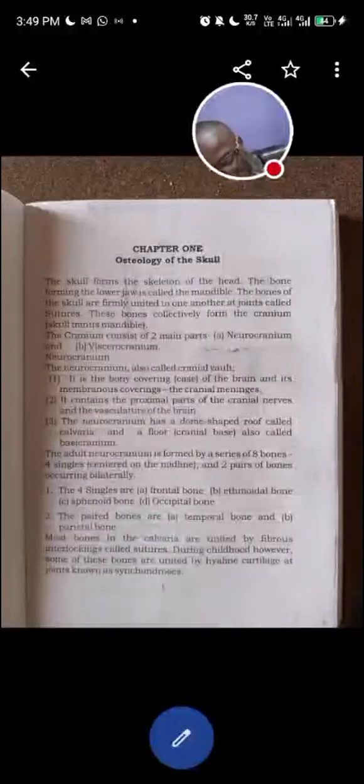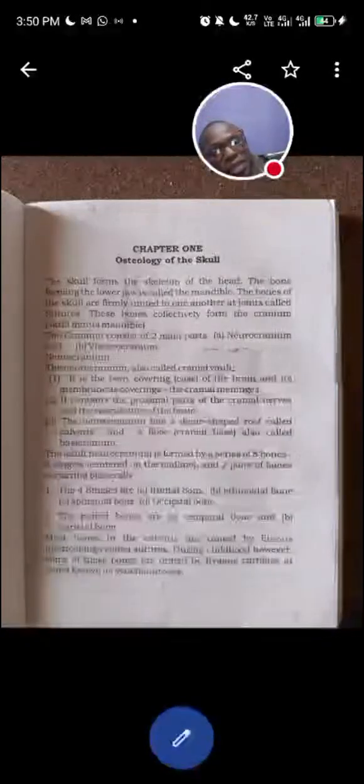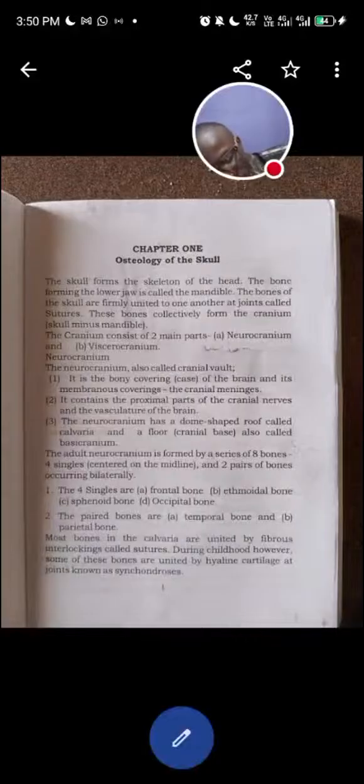MC, membranous covering, is the cranial meninges. Look at the spelling: meninges.